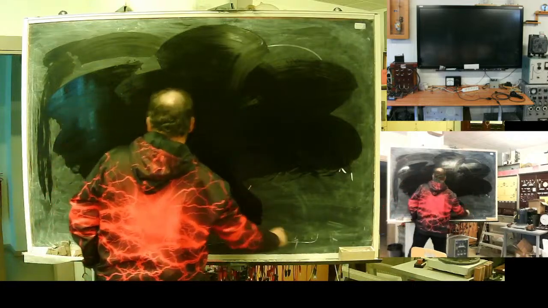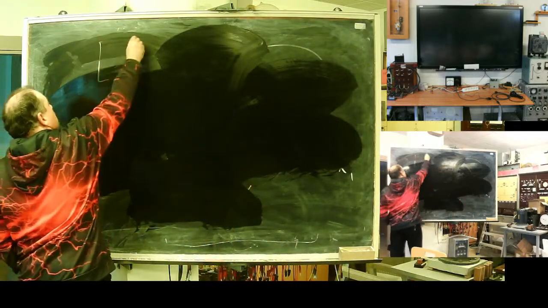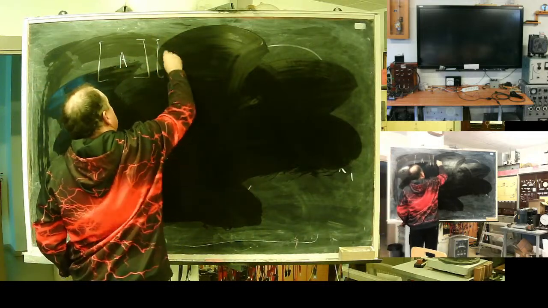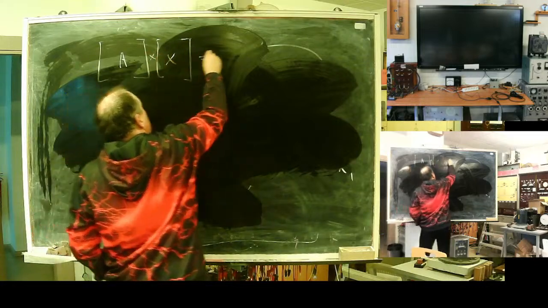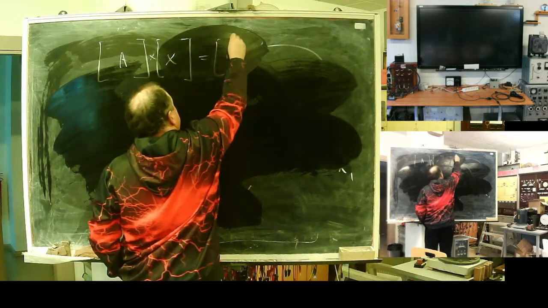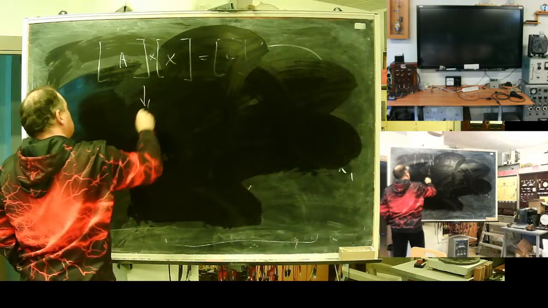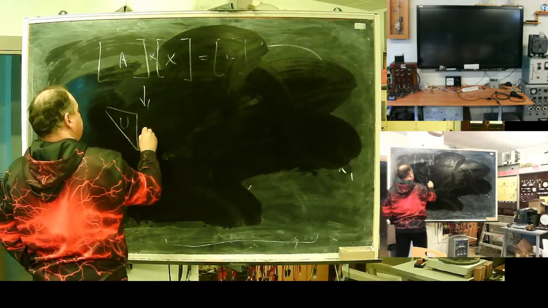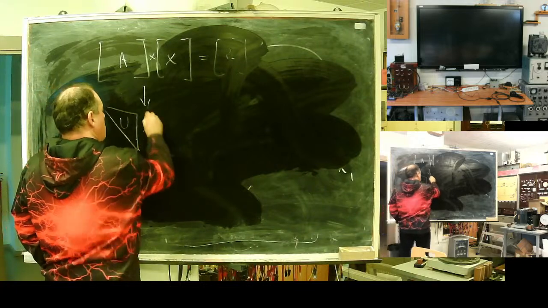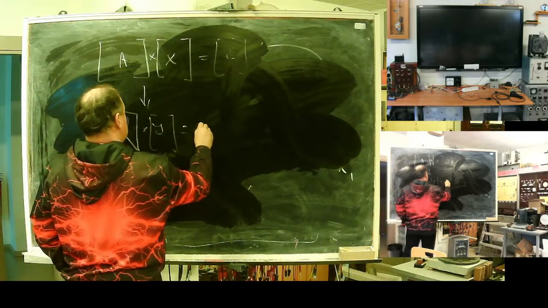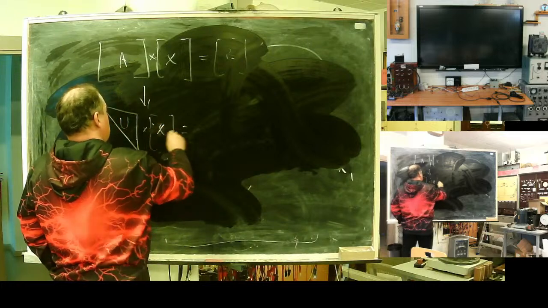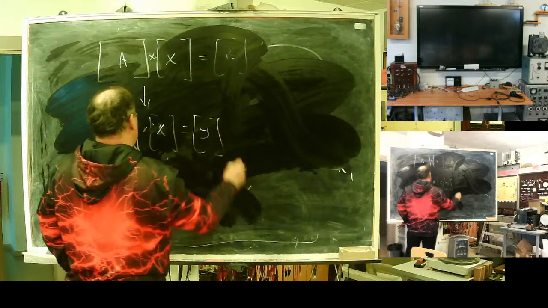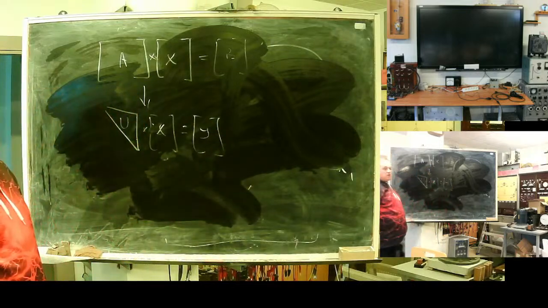At the first stage, from the system with a square matrix, you go to the system with a triangular matrix.